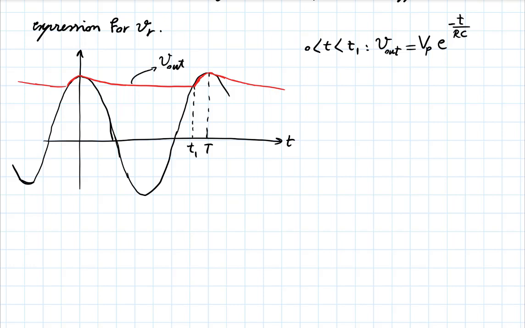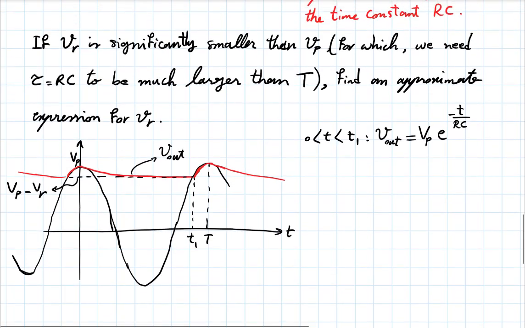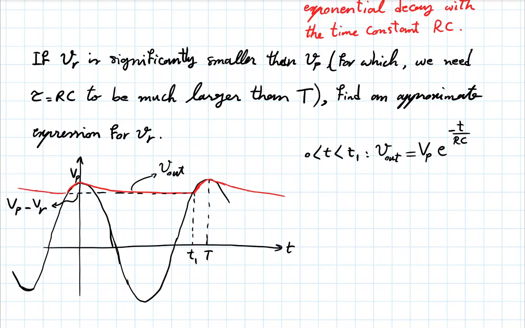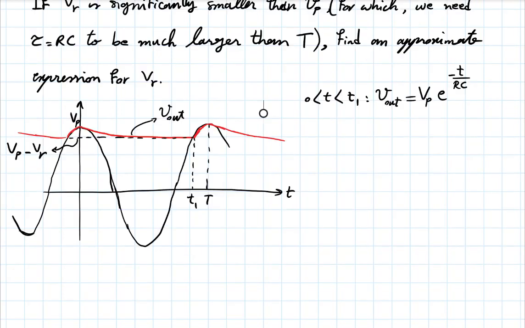That's why it doesn't go down by much during that time. And this is basically my V peak. And this is how far down it has gone. So this point is Vp minus Vr. Capital Vp minus Vr.